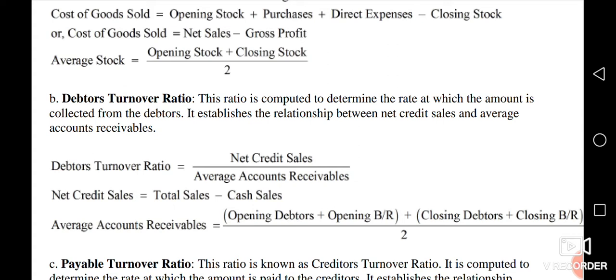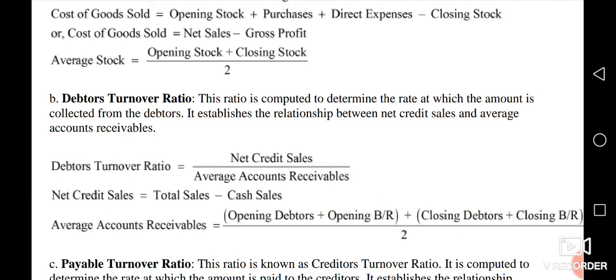It establishes the relationship between net credit sales and average account receivable or debtors.